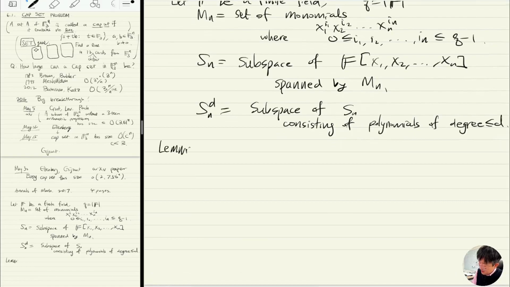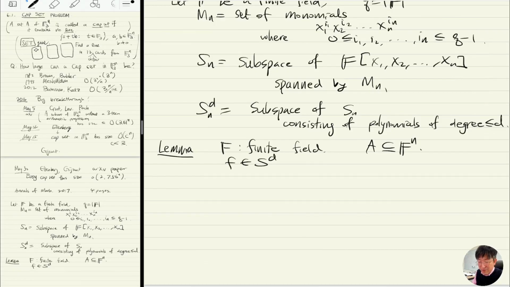So let me explain a few lemmas. So F is a finite field, and A is a subset of F to the n, and f is a polynomial of degree at most d, where each variable has degree at most q minus 1. Right?